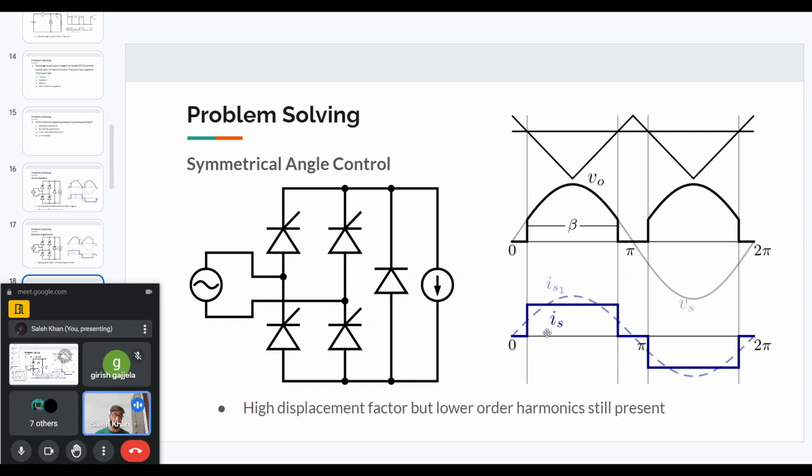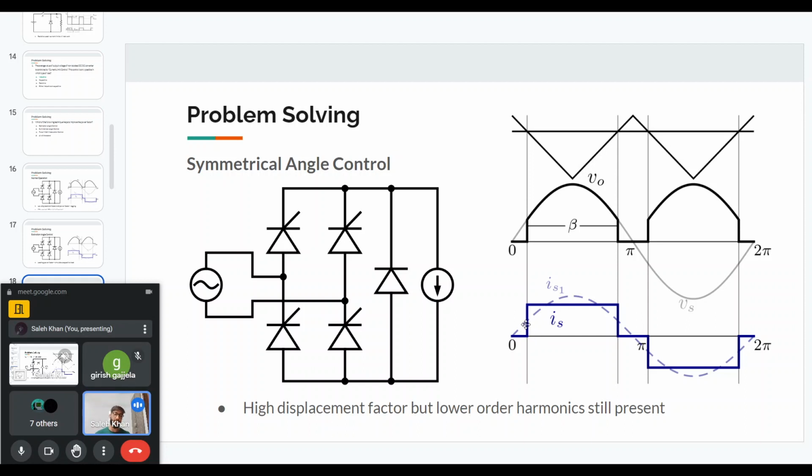You can do the Fourier analysis in MATLAB or by hand. You can see for this kind of waveform, the amplitude of each harmonic will have the harmonic number in the denominator.